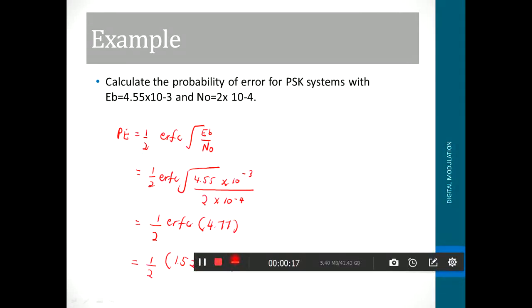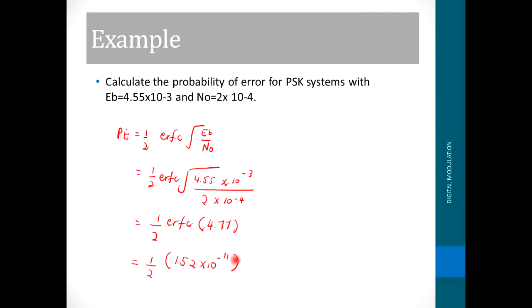So the answer for the error of PSK is 7.6 times 10 to the power of negative 12. So this is the final answer.